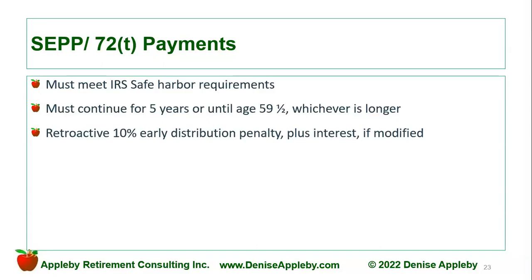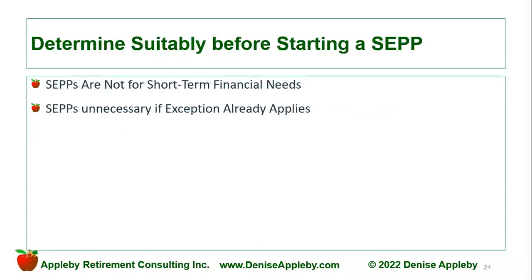Well, the 10% early distribution penalty would be owed to the IRS on a retroactive basis plus interest. I'm going to be talking more about that later on. But before I do that, let's talk about whether or not a client should really start a 72T program.